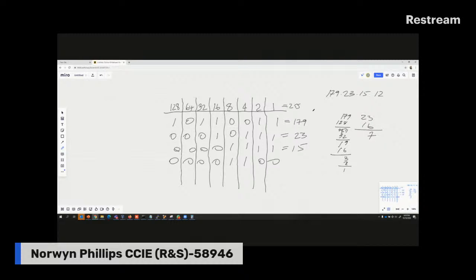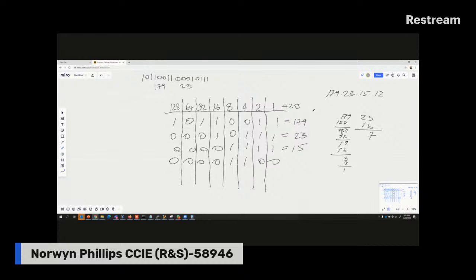So let's put the binary equivalent up here. It's going to be 1, 0, 1, 1, 0, 0, 1, 1. That's 179. So that's your 179 dot 0, 0, 0, 1, 0, 1, 1, 1. That's your 23, right?